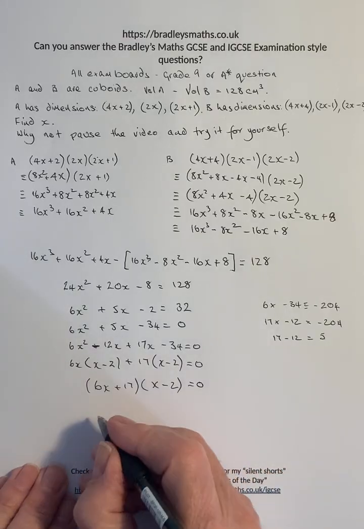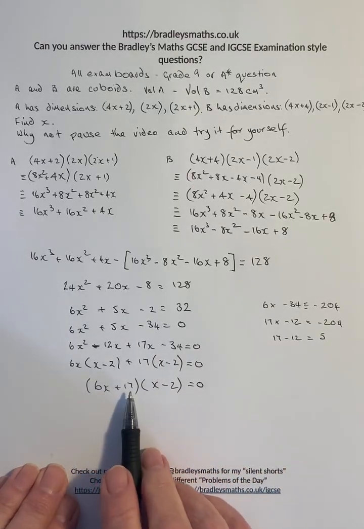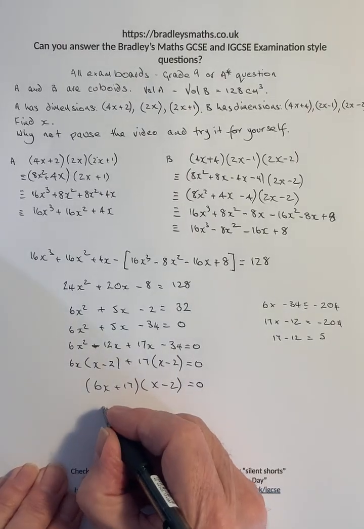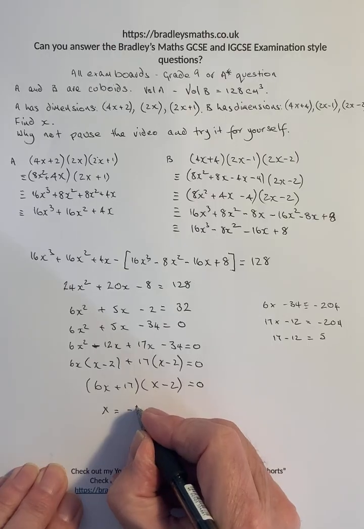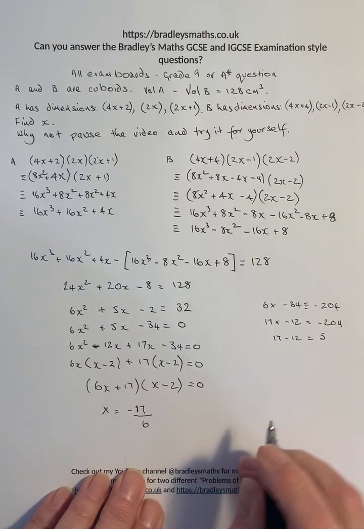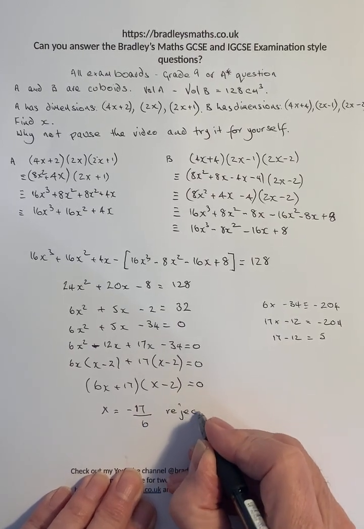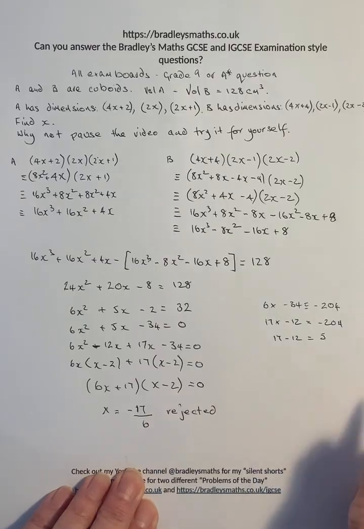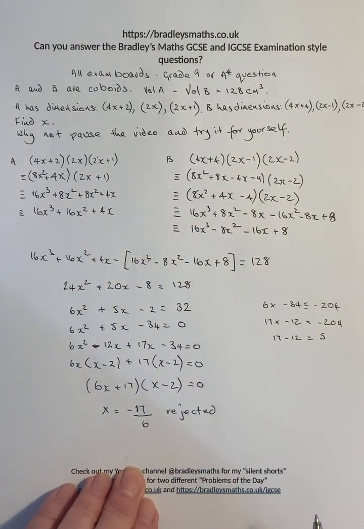Okay, so we know then that x is going to equal negative 17 over 6, and we are going to reject that. Why are we going to reject it? Because we're talking about real measurements, and real measurements are positive, not negative.